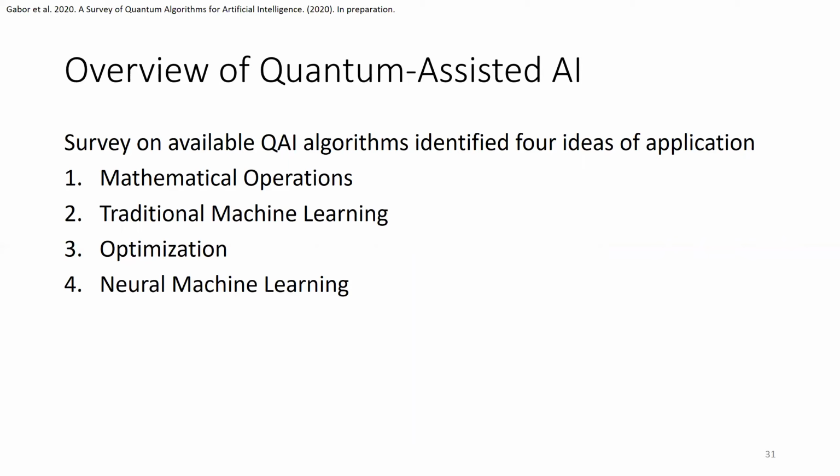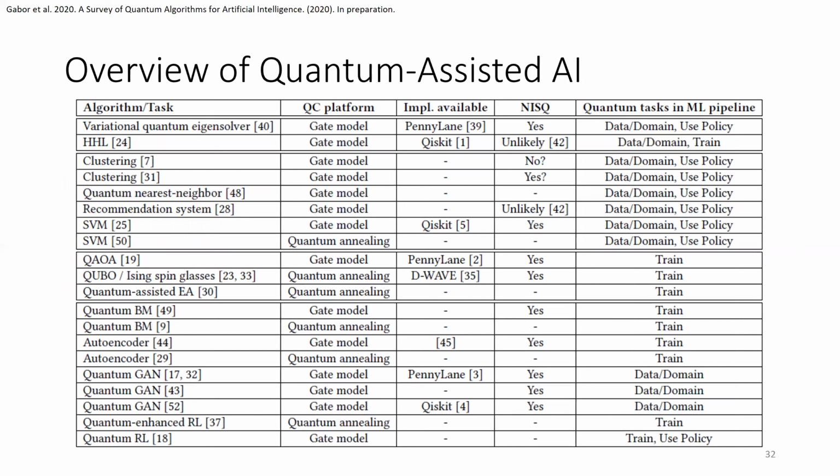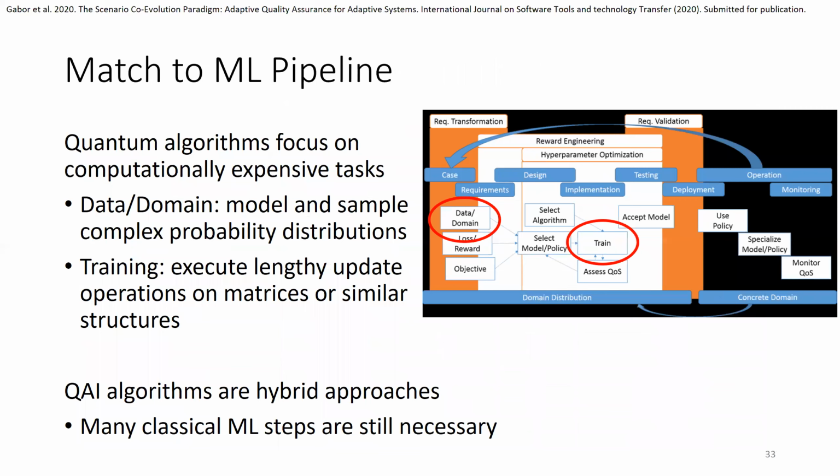Then we have some traditional machine learning algorithms like clustering, SVMs, etc. Some algorithms that go into the optimization part, like QAOA, QUBO, and neural machine learning, Boltzmann machines, autoencoders, etc. We had a look at the papers and made a table listing the algorithm or the task, which quantum computing platform it runs on, whether there is an implementation available, and whether we think the algorithm is fit for use on NISQ devices. Then we imagined where this quantum task could fit in a machine learning pipeline, so we matched it to a machine learning pipeline.